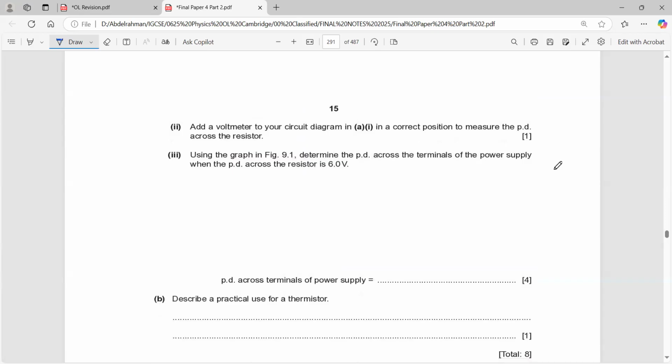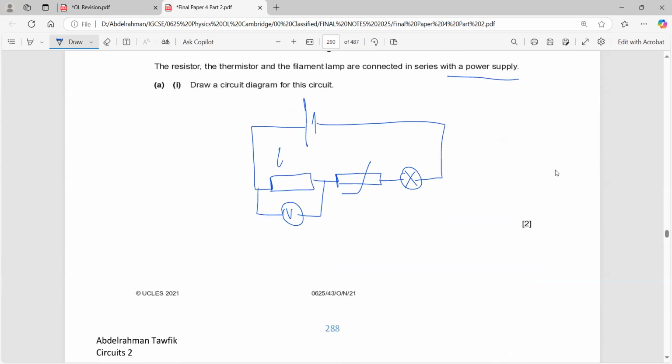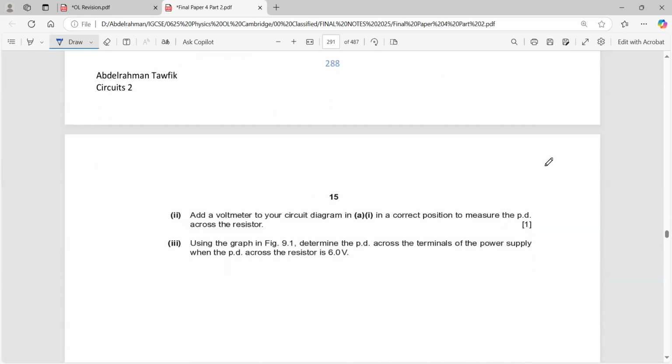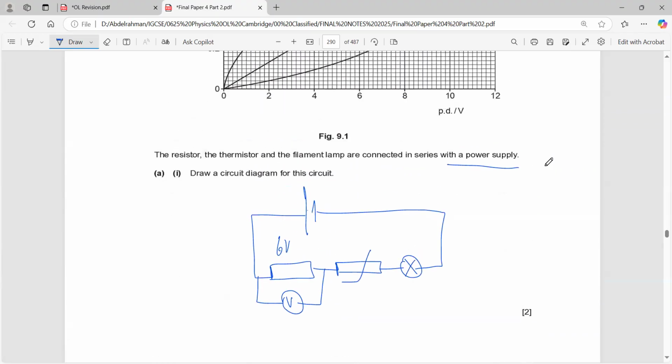Using the graph 9.1, determine the potential difference across the terminals of the power supply when the potential difference across the resistor is 6 volts. So we have this resistor and now it is 6 volts. I want to find the potential difference across the power supply, which is basically the EMF of this battery or the EMF of this whole circuit.